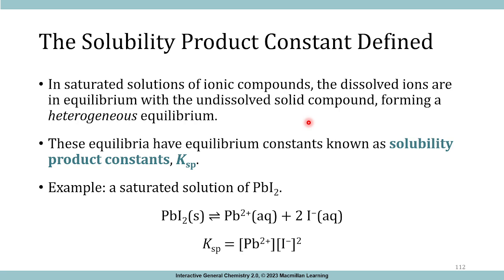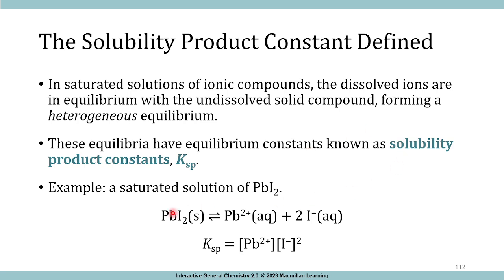We're going to have the equilibrium constant for that equilibrium of a solid dissolving into a liquid, typically an aqueous solution. Okay, you can do these for other things than water, but by far and away the most common one is water, because water is the universal solvent on this planet, right?